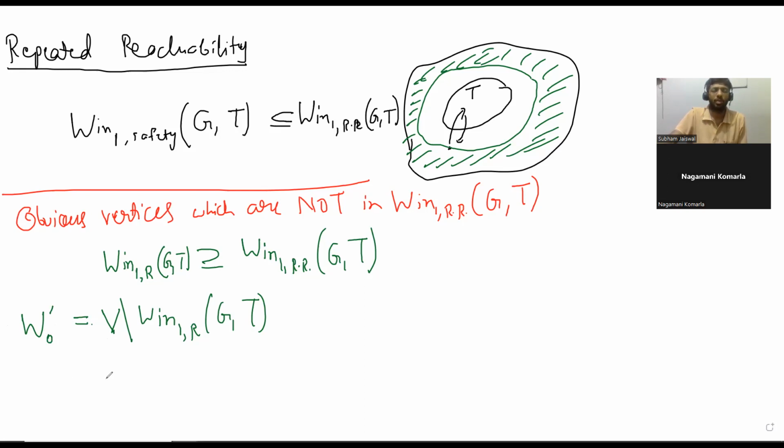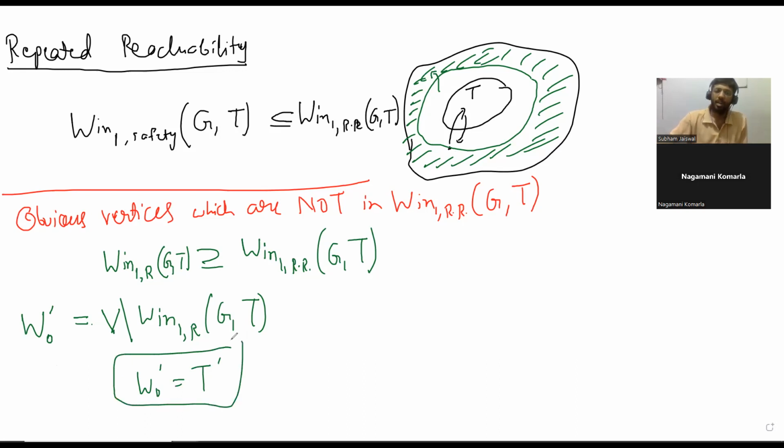It is also important to consider not just this complement, but also those vertices from which player 0 can reach this set after finitely many steps. Think of this W naught prime as your new target set.